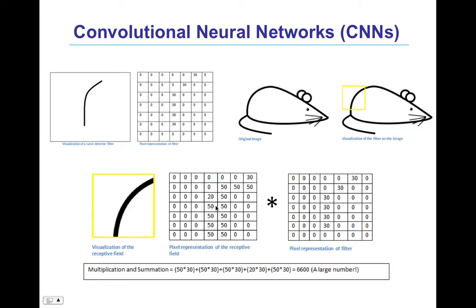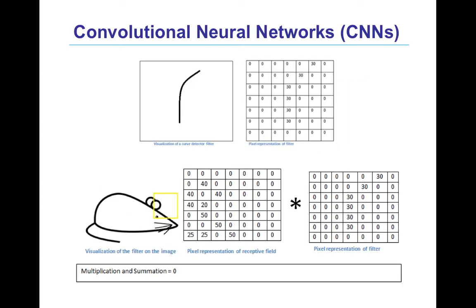Could be other values, you know. You're gonna multiply the area of your image by the filter, and if they match each other, it's gonna be a huge number, a large number, which will make the neuron fire up, or it says, okay, I recognize that filter in this area over here.